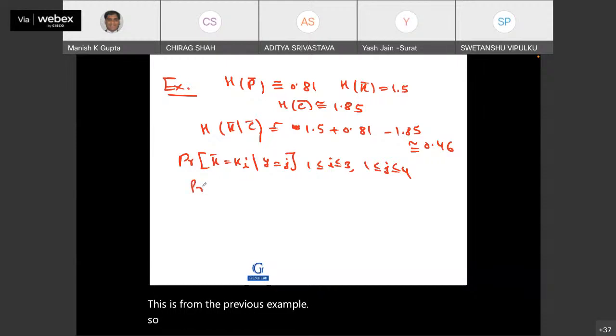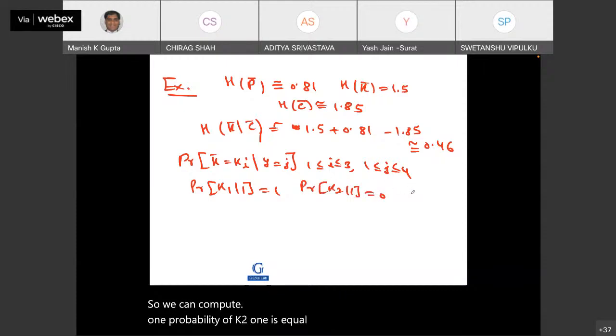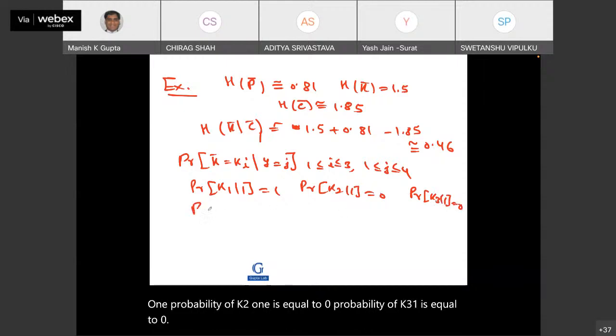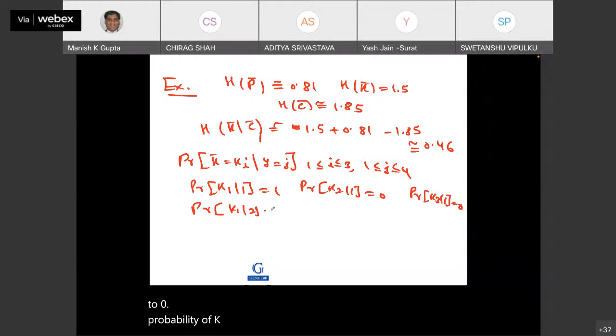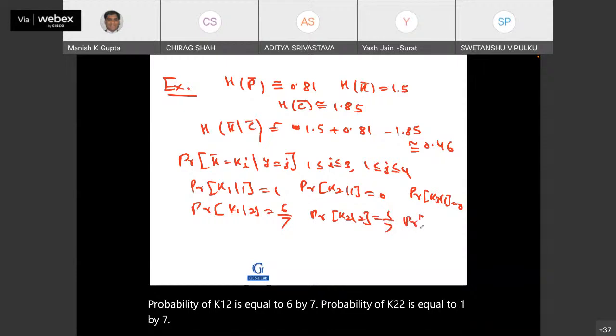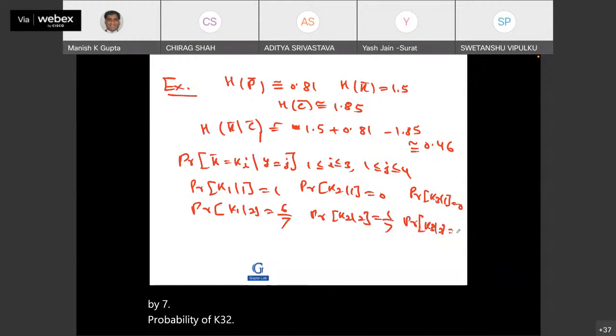So we can compute probability of K21 is equal to 0, probability of K31 is equal to 0, probability of K12 is equal to 6 by 7, probability of K22 is equal to 1 by 7, probability of K32 is equal to 0, probability of K13 is equal to 0, probability of K23 is equal to 3 by 4. This is our example.